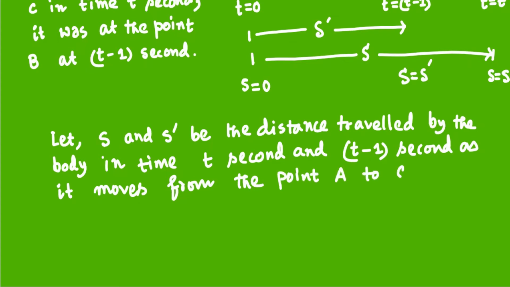Let S and S prime be the distance traveled by the body in time t second and t minus 1 second as it moves from the point A to C and A to B respectively.